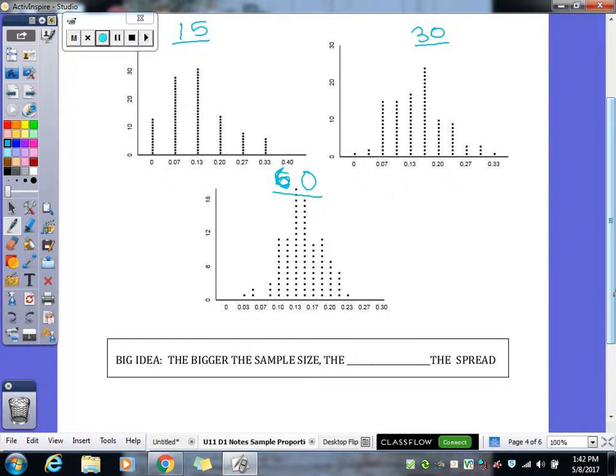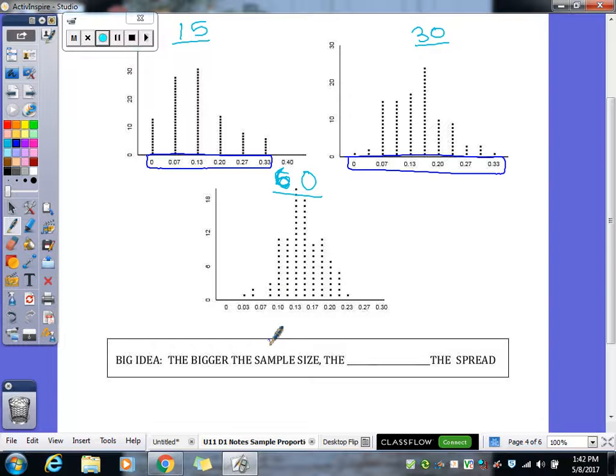So if we look at our distributions here, what happens to them? By the time I get to my 60, it's a little bit more what? It's a little bit more symmetrical. It's a little bit more accurate looking also. But if we look here, my 15 sample, I'm going from 0 to 0.33. In my 30 sample, I'm also going kind of 0 to 0.33.